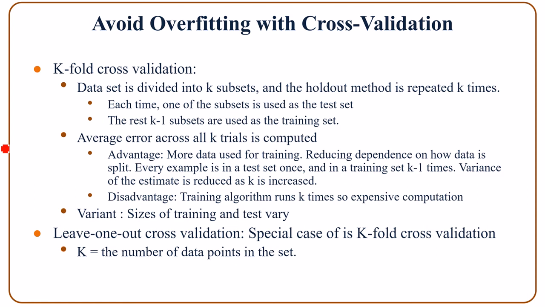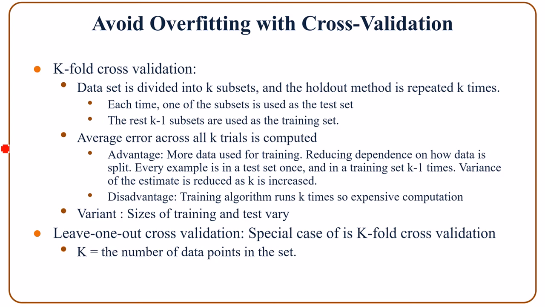The advantage of this method is that we have more data for training, and it matters less how the data is split. More data used for training means each example or data point is in the training set k minus 1 times, and still the separation between the sets is maintained. We can control the variance of the estimate. When we increase k, the estimate variance is reduced.